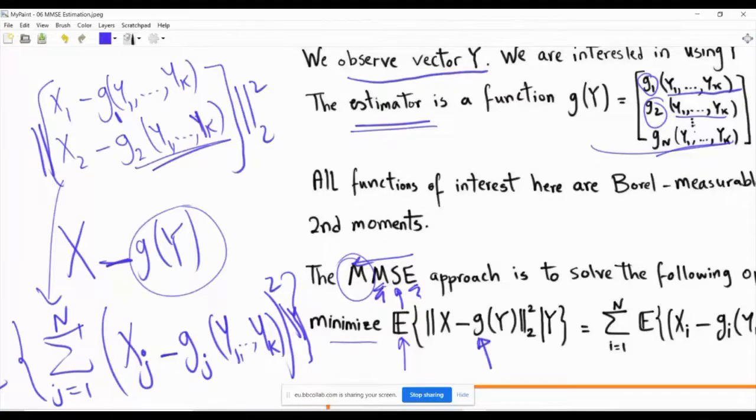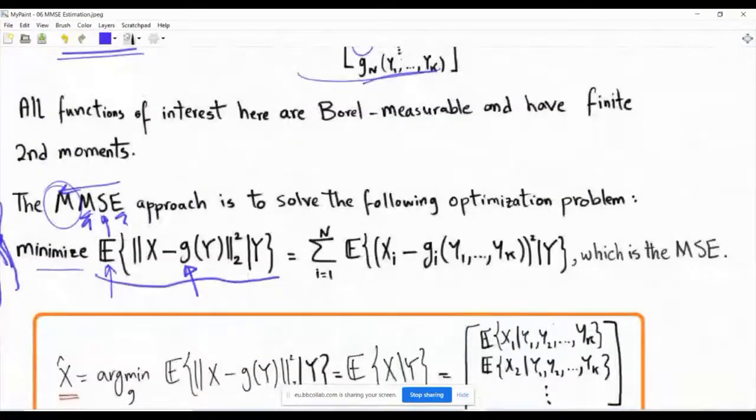Obtain the function g, and actually g is not just one function. We have those N functions. Obtain the g's such that this conditional expectation given the random vector y is minimized. That's minimum mean squared error, MMSE. This is the function that we minimize.